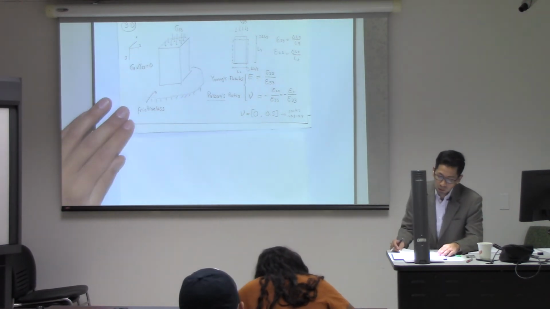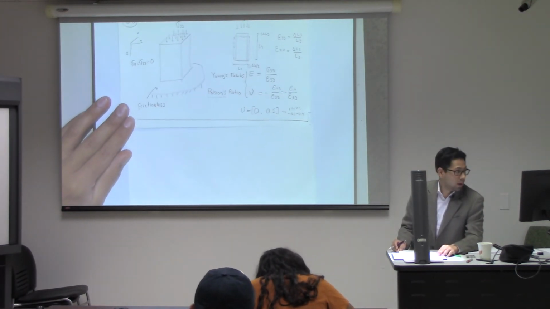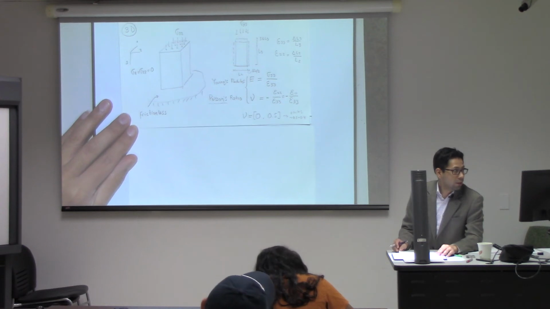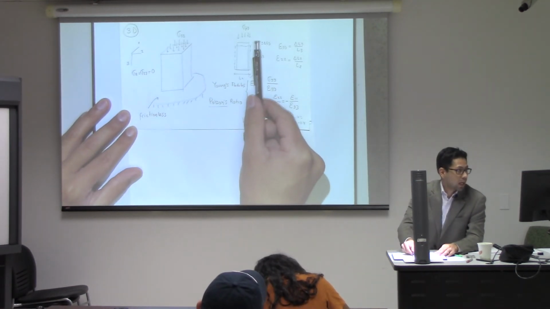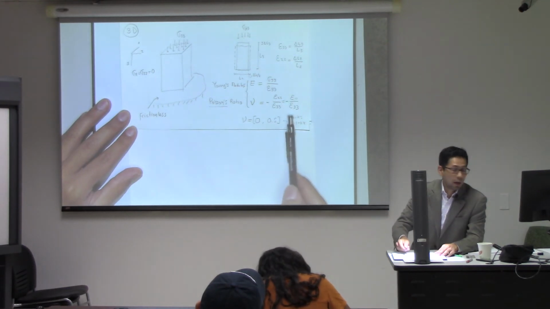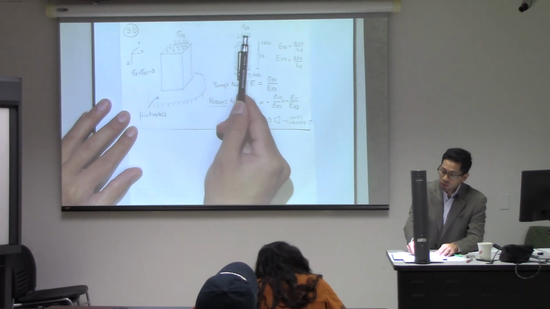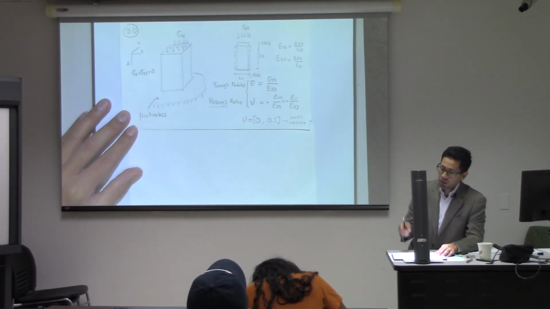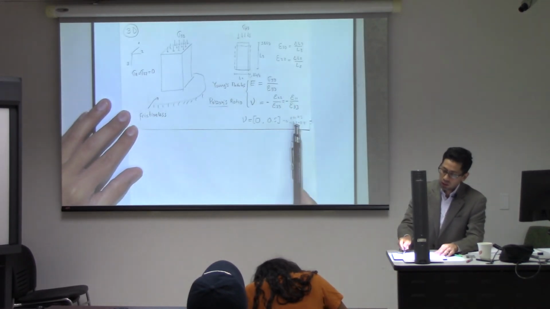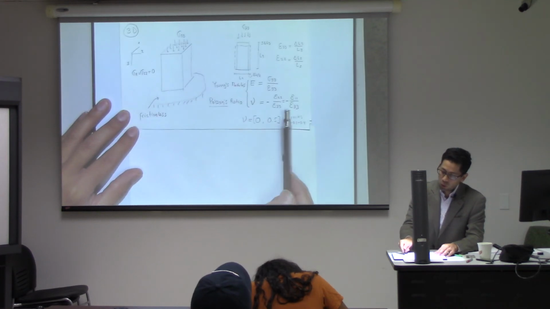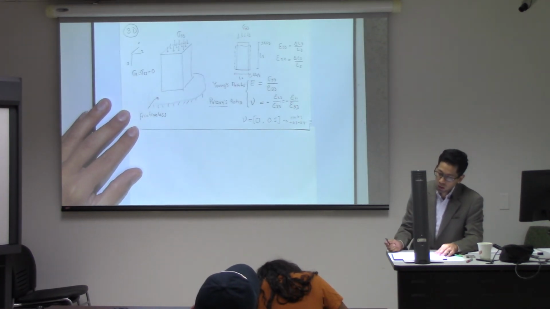So according to this kind of test, if I apply a normal stress sigma 3,3, I'm going to get this. Look, I apply 1 stress, I get 3 strains. I get epsilon 3,3, epsilon 2,2, and I get also epsilon 1,1, which is over there.